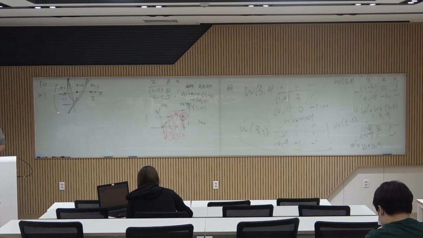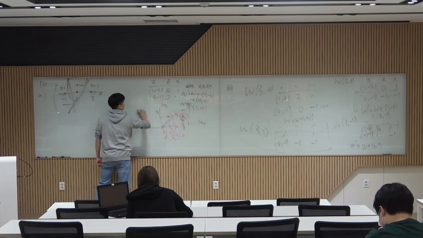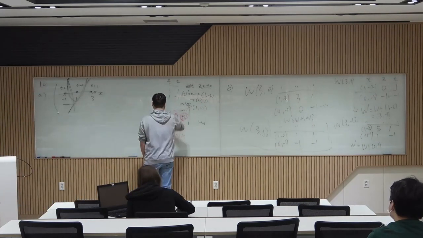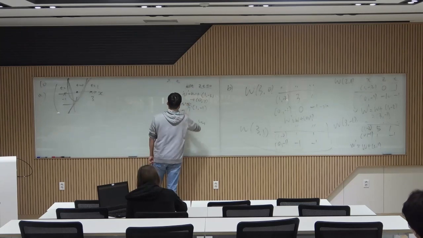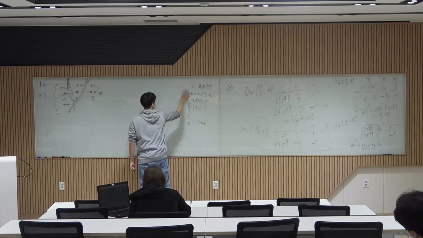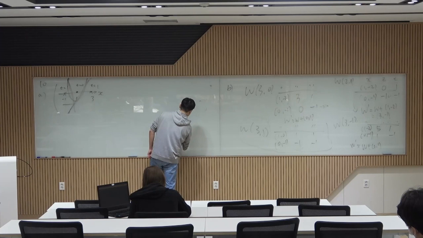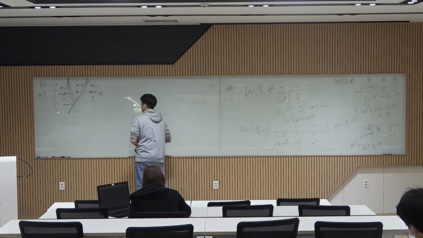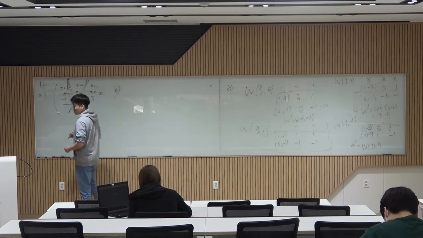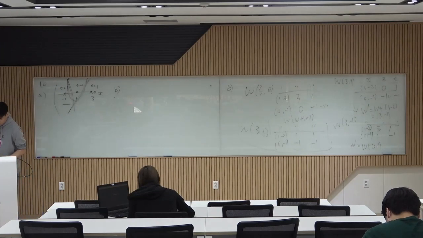And for problem 10b, assume that we have no bias term, so that the parameters are W1 and W2.